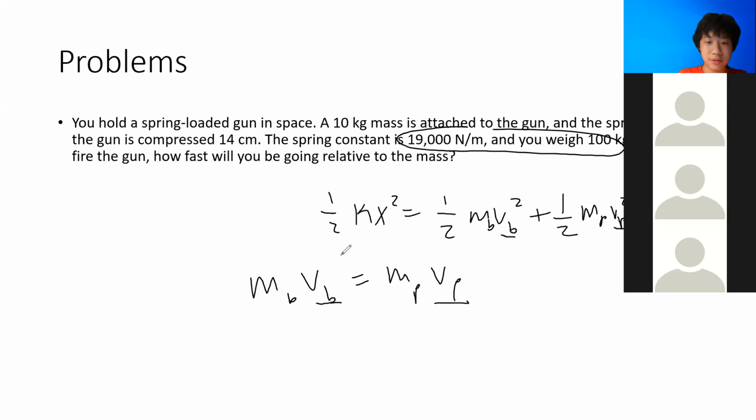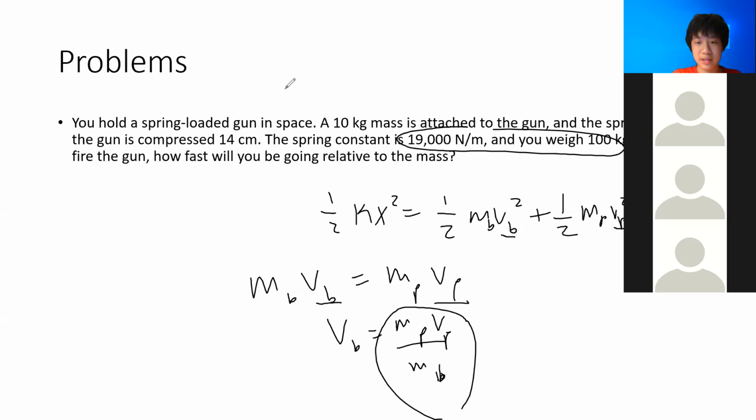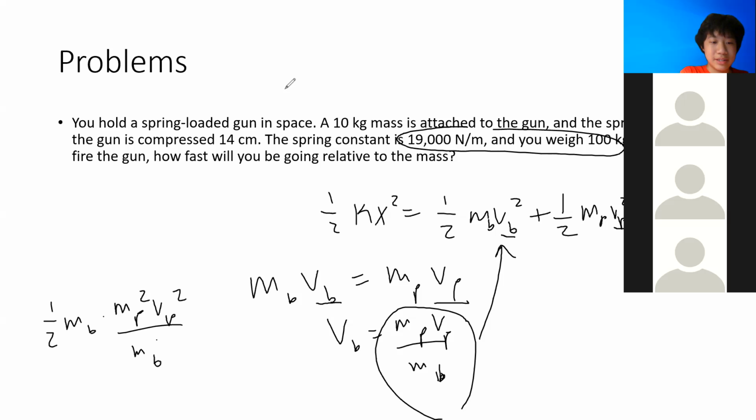So let's first substitute VB in terms of VP. So VB equals MP VP over MB. That's from the momentum equation, right? So now if we substitute that for VB in here, that's going to be 1/2 MB times MP squared VP squared over MB squared, plus 1/2 MP VP squared equals 1/2 kx squared.